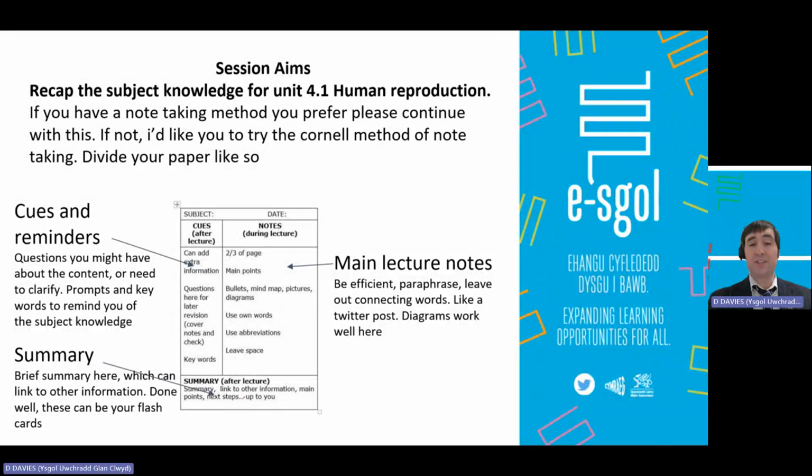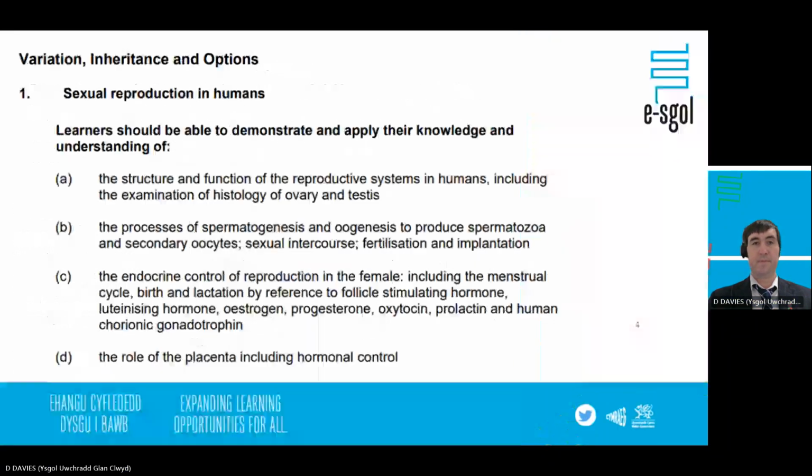These summaries make a really good start for any flashcards that you might want to do before the end of the unit. So I'd like to try and keep up with that type of note taking for this lesson.